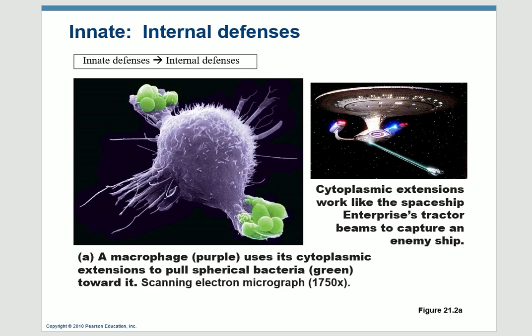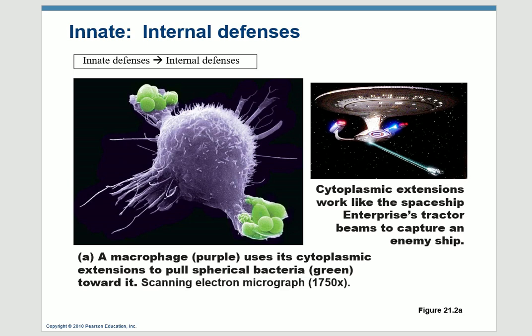And so in this image, the purple part is the macrophage, and it uses its cytoplasm to make these purple tendrils coming off of it, these little squiggly lines over here. These purple extensions grab hold of the bacteria, which is this little green blob pictured here on each side.